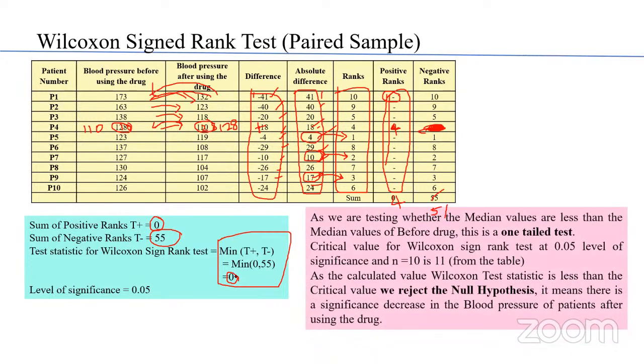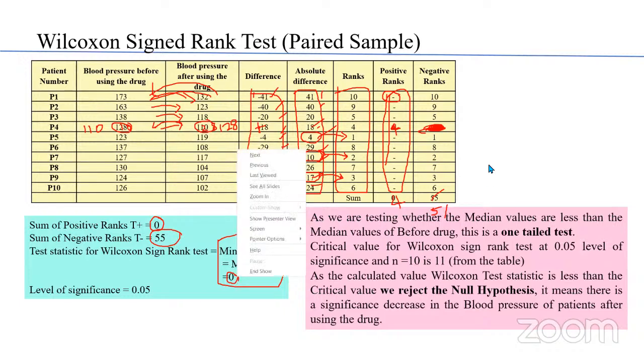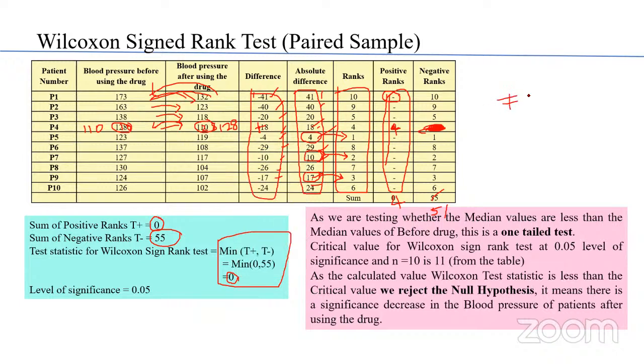Since we are trying to check whether the median values are less than before, this will become a one-tailed test. I hope you remember, if you're trying to find out if it is not equal to, then it will become a two-tailed test, either for normal or not normal.